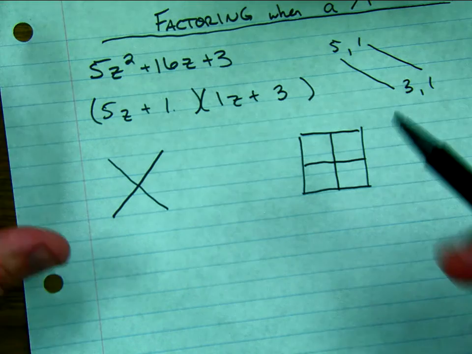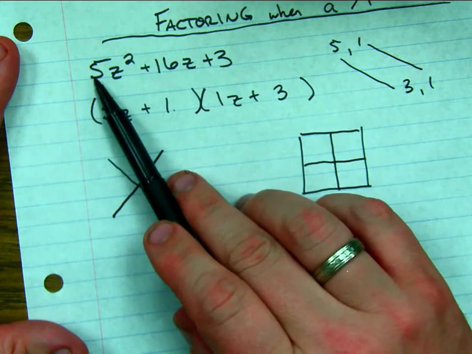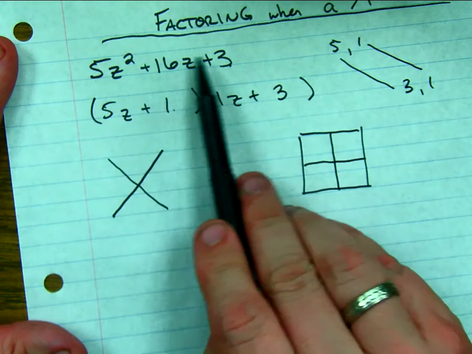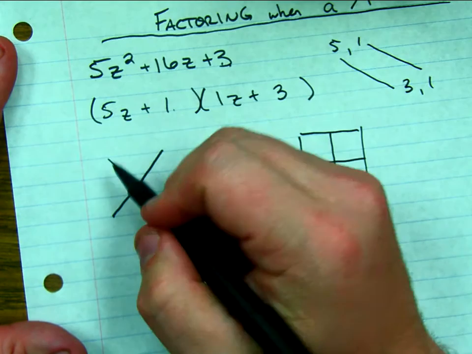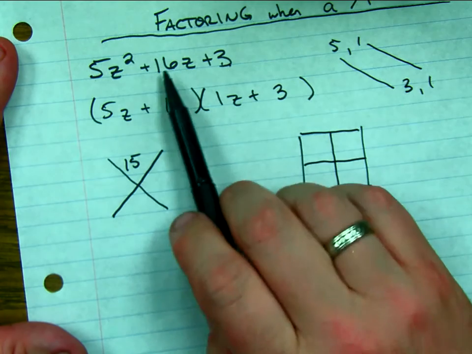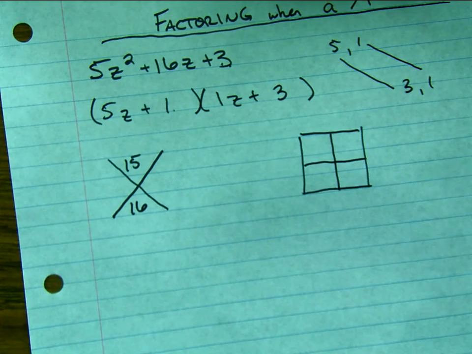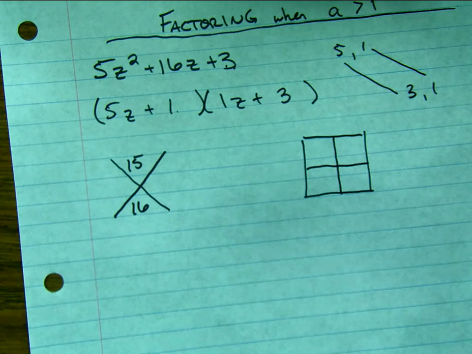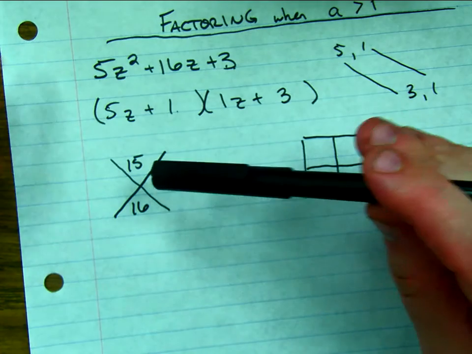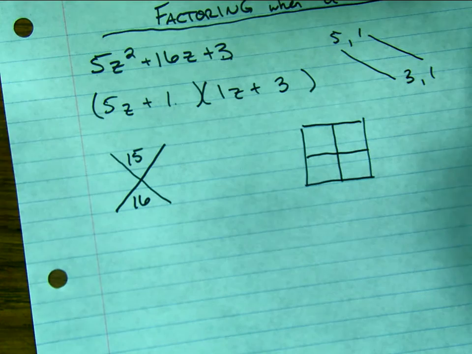That's why I think they call it the diamond box method. Okay, the way this works is up top in the X, you put the product of the first and last number, the A and the C. 5 times 3 is 15. On the bottom, you put the middle number. That's 16. Now on the sides, you have to put whatever values could add up to 16 but multiply to 15. Alright?